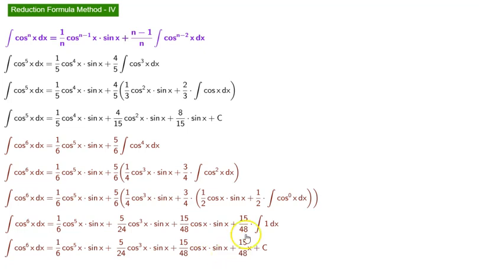And finally, that integral of 1 dx is equal to x.